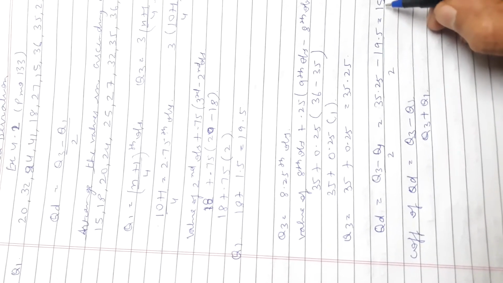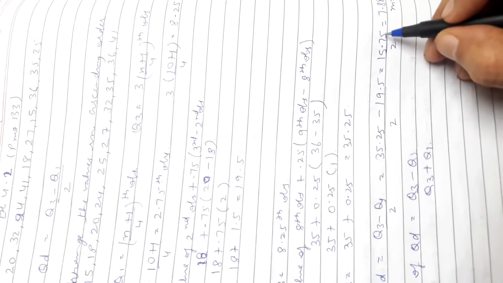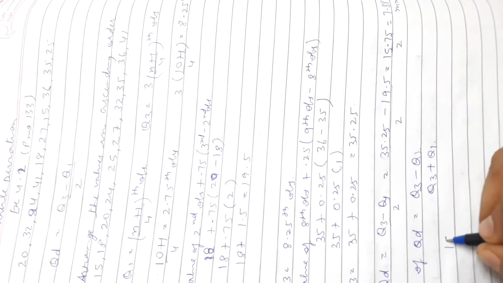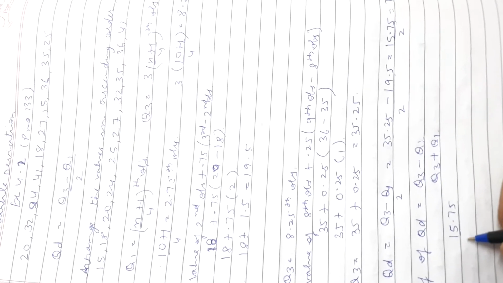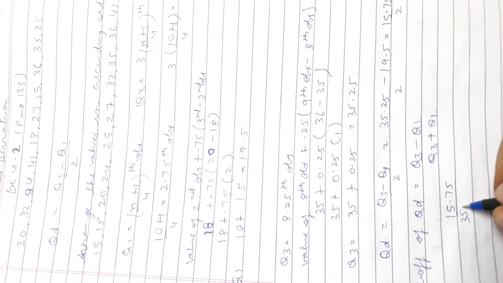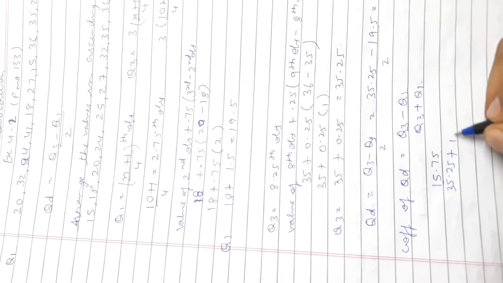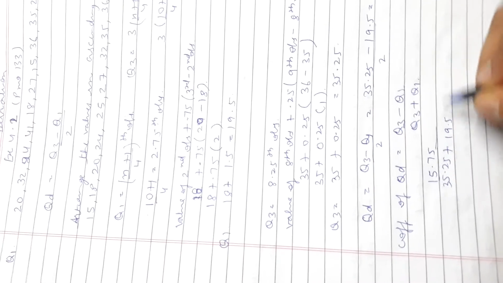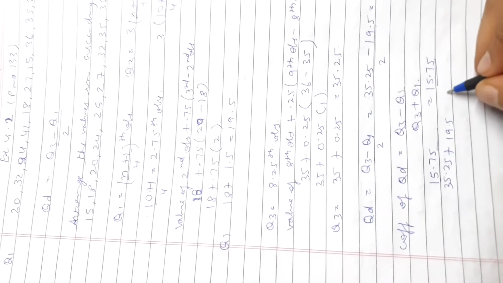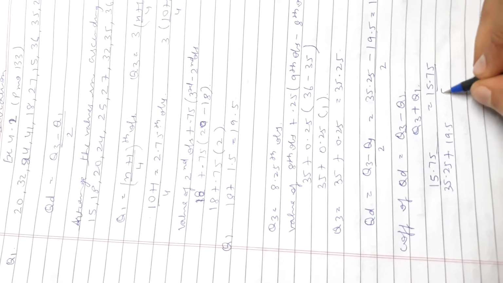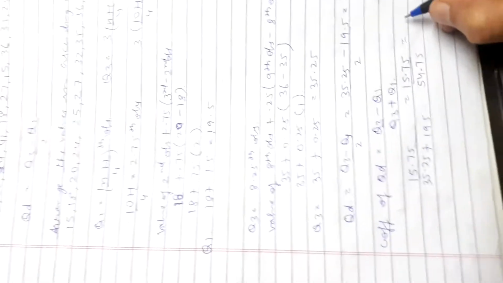So we will take the value of Q3 minus Q1 as 15.75 upon Q3 35.25 plus 19.5, is equal to 15.75 upon 54.75.